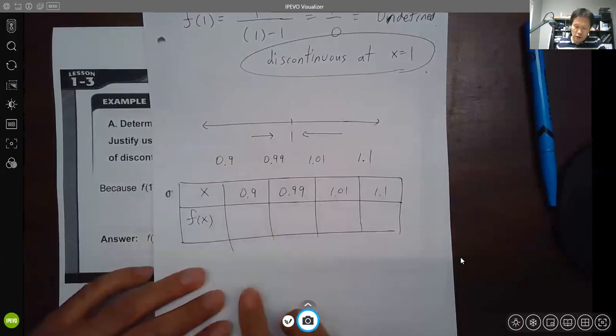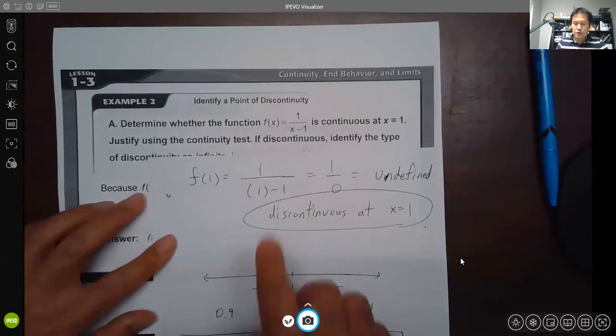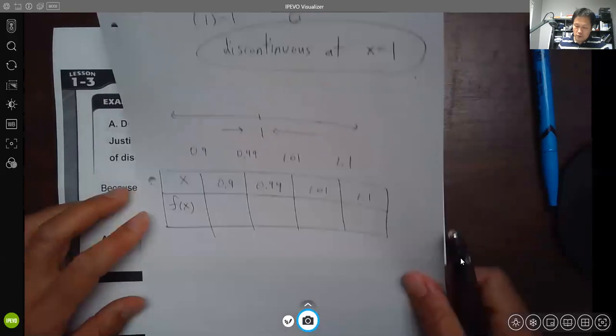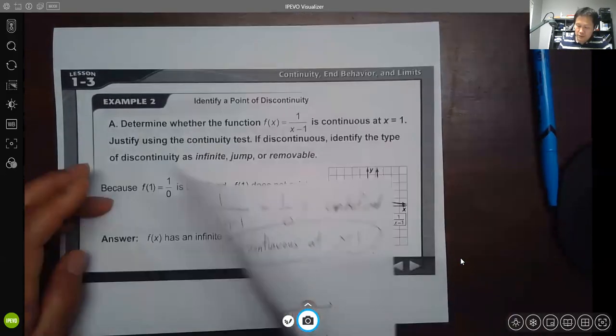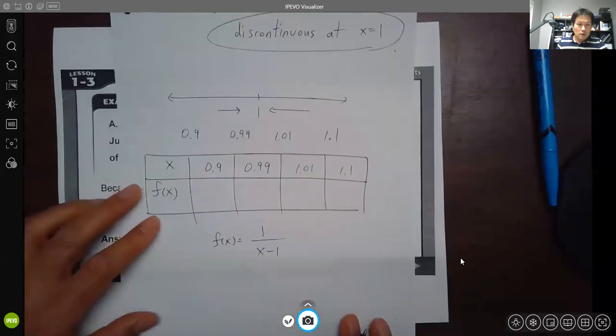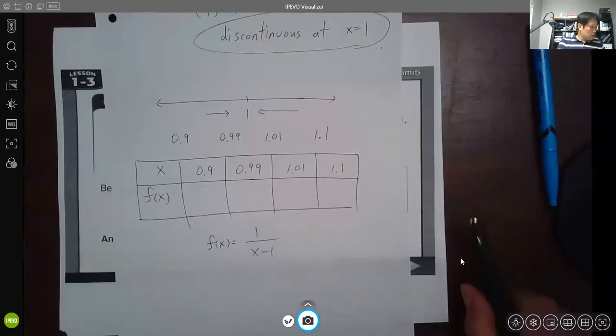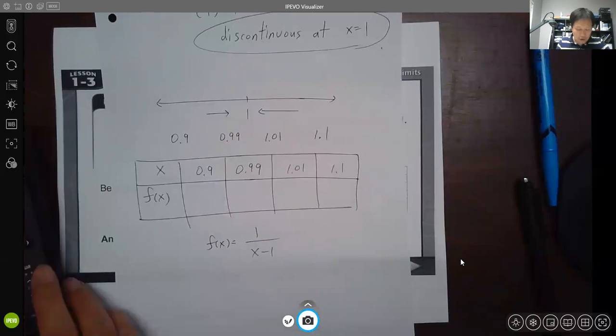You plug into this equation, f of x equal to 1 over x minus 1. So I'll use a graphing calculator.